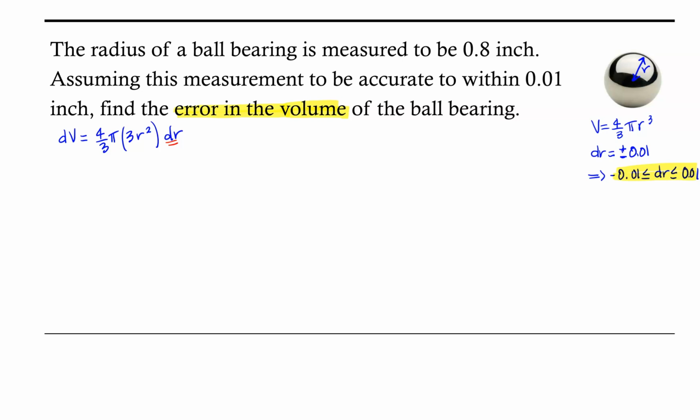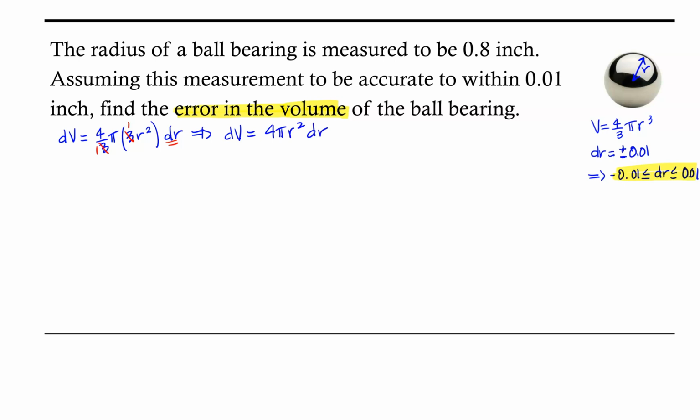Now, as we look at our dV, notice that the 3's can divide out, and we end up with our differential dV as 4 pi r squared dr.